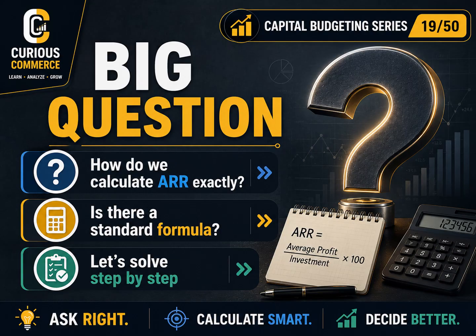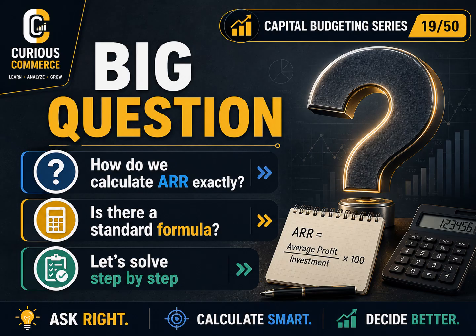In the previous video, we understood the meaning and importance of ARR. Now comes the most important part. How do we actually calculate ARR in exams and practical problems? Many students understand the theory, but when numerical questions come, confusion starts.